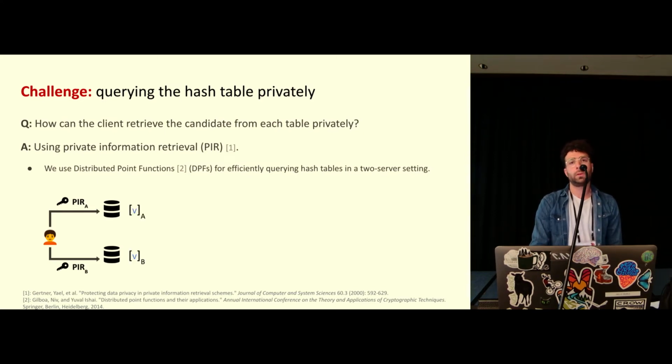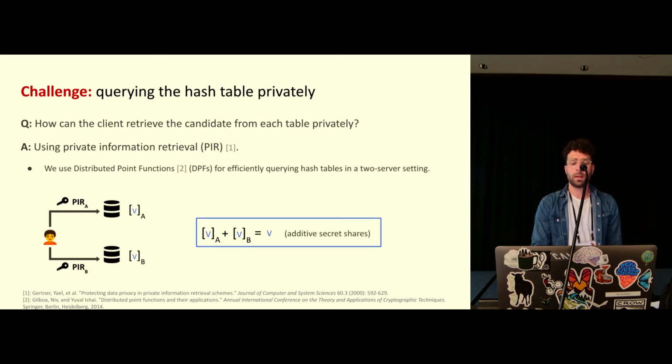The database servers will then use these queries to derive a secret share of the bucket value that the client wants to retrieve. But they will do so without learning the actual key that the client is querying for. And the property of these secret shares is that they can be added together to recover the actual value, and so the client can easily obtain all the bucket values when given these shares.